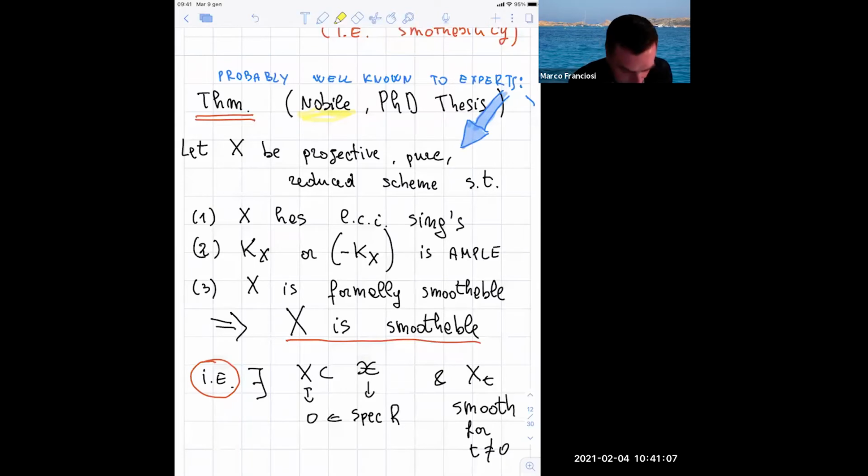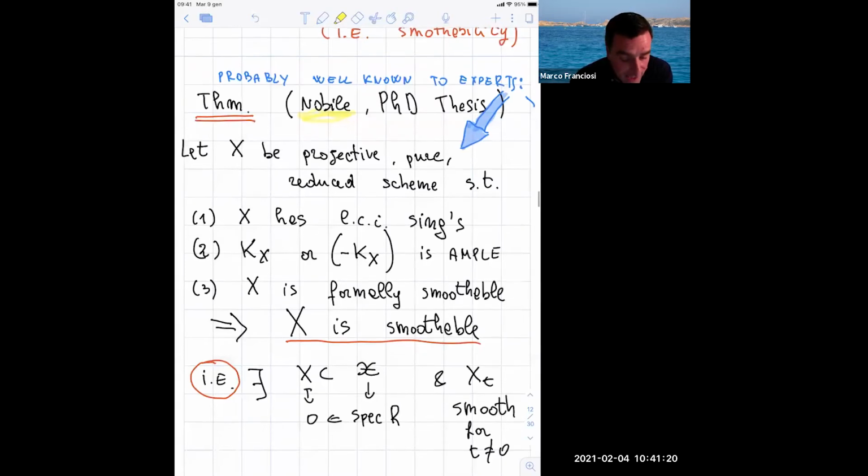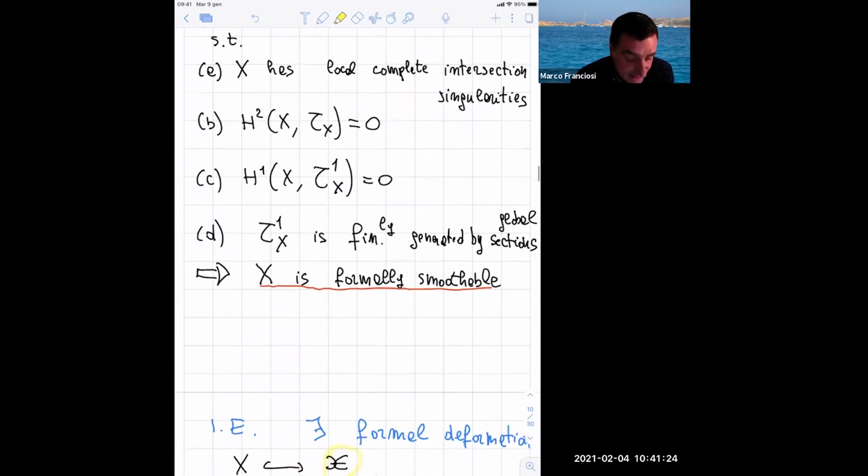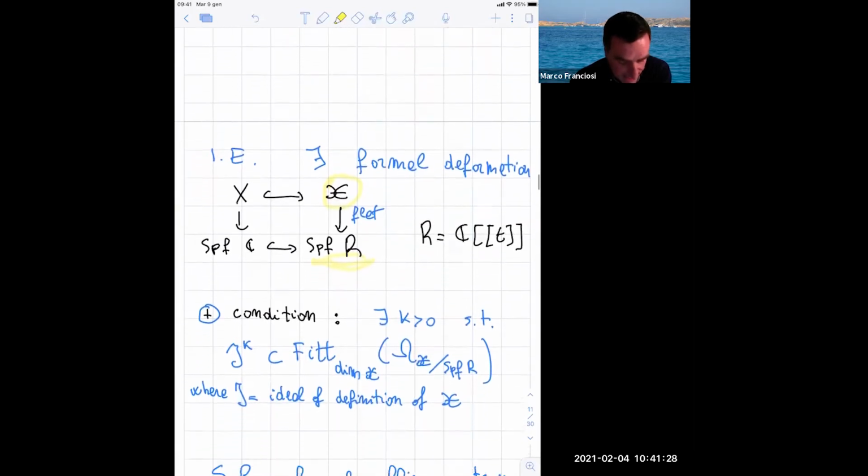So we use these two results of Nobile and Ciolas as a black box. And we are going to find a way to compute the tangent sheaf and the T1 of X, keeping in mind this result.